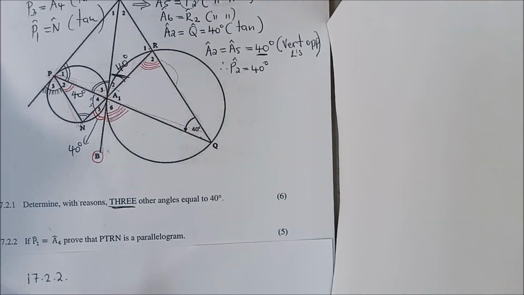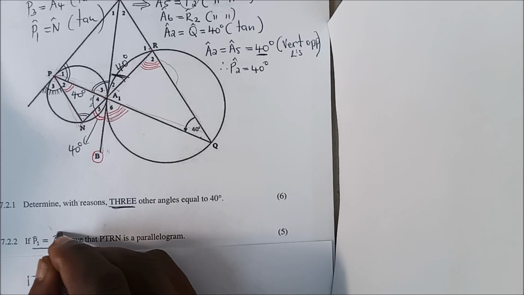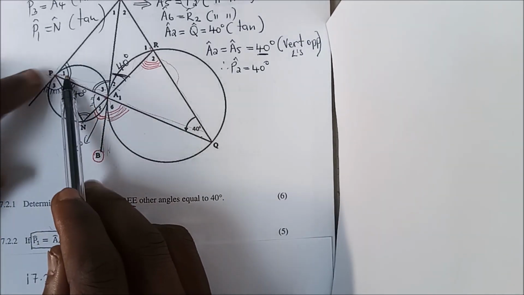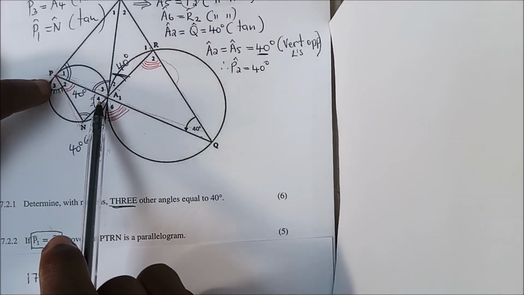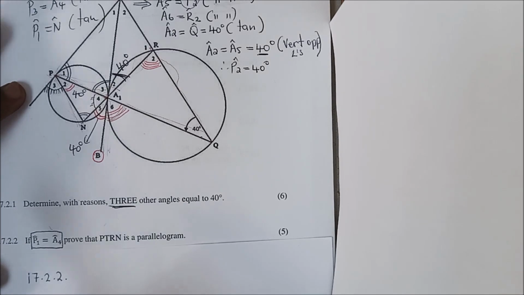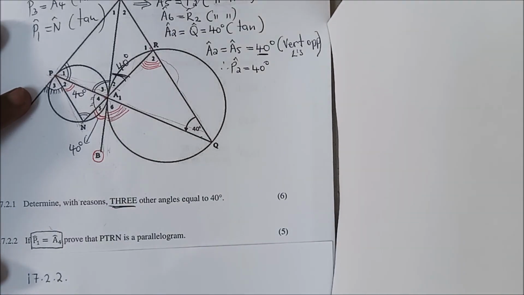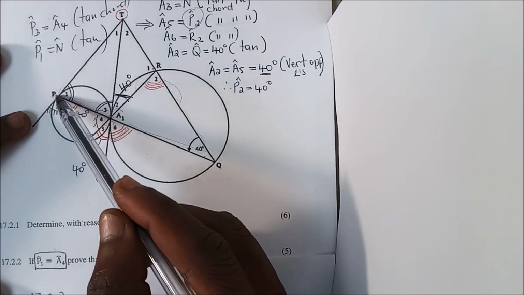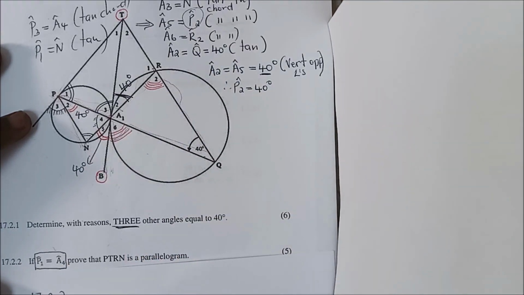17.2.2, they're saying if P1 is equal to A4, so we go okay, P1 equal to A4, no problem. They say prove that PTRN is a parallelogram. So this is PTRN, it's a parallelogram.